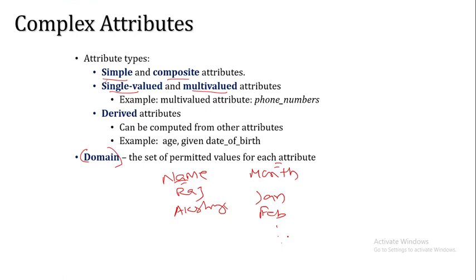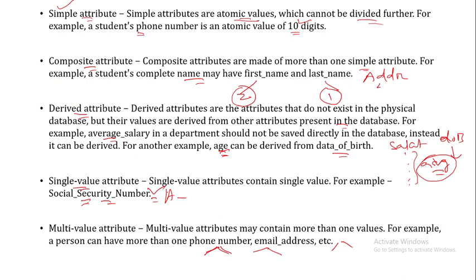These are the set of permitted values. So what is a domain? From this domain we are going to choose one of the values, and that will be entered into your database. So these are the different types of attributes that we have in our database.